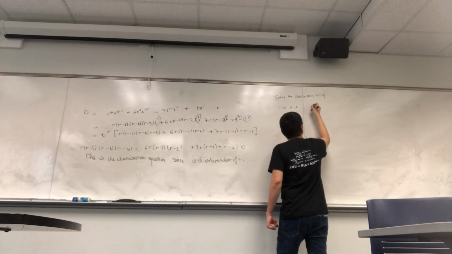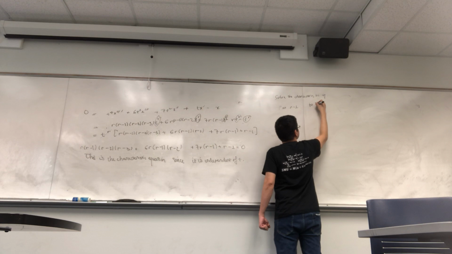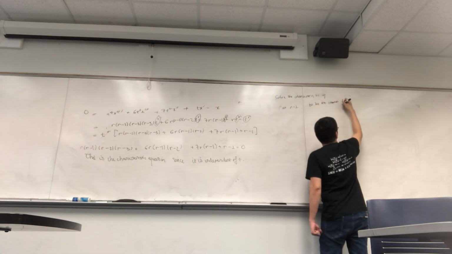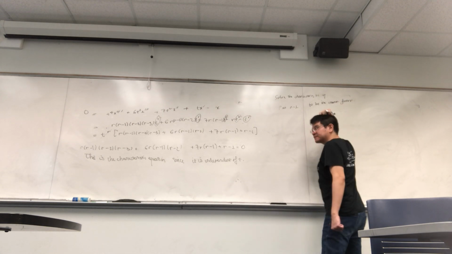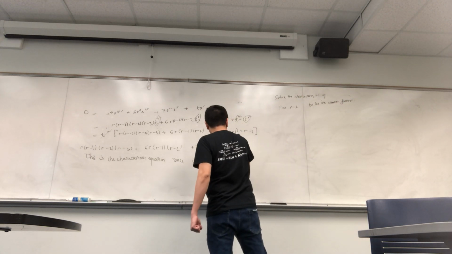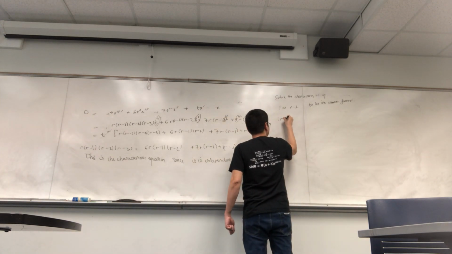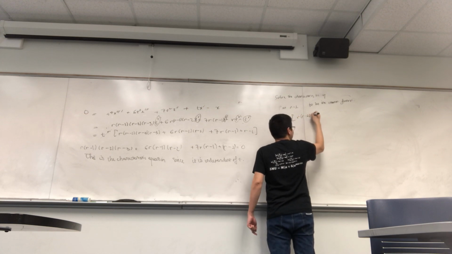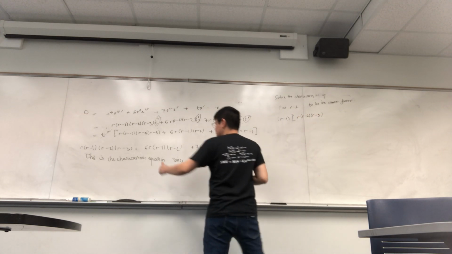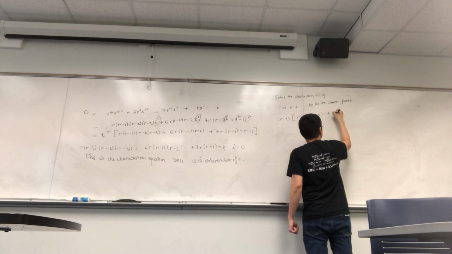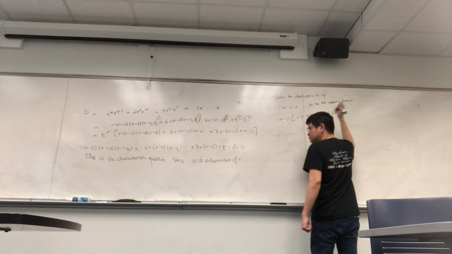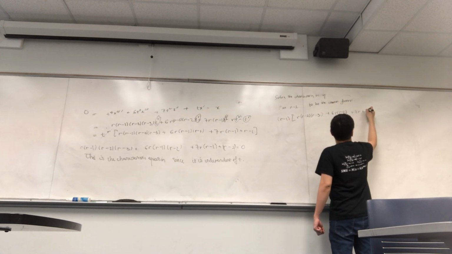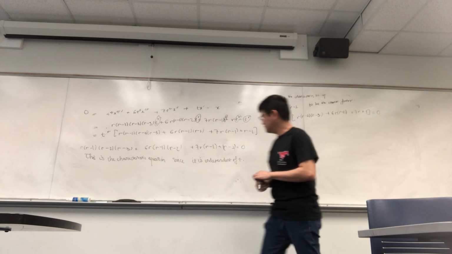So you put r minus 1 to be the common factor, and you get (r minus 1) times [(r minus 2)(r minus 3) plus 6(r minus 2) plus 7r plus 1] is equal to 0. All right?